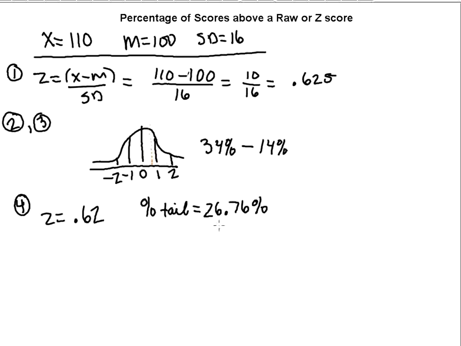So step 5, what we can do is actually check and see if we were close or not. We can take the percentage that we found, 26.76%, and ask: is it between 34 and 14%?